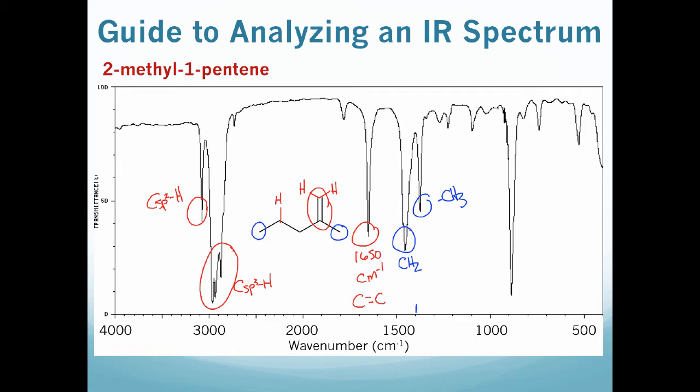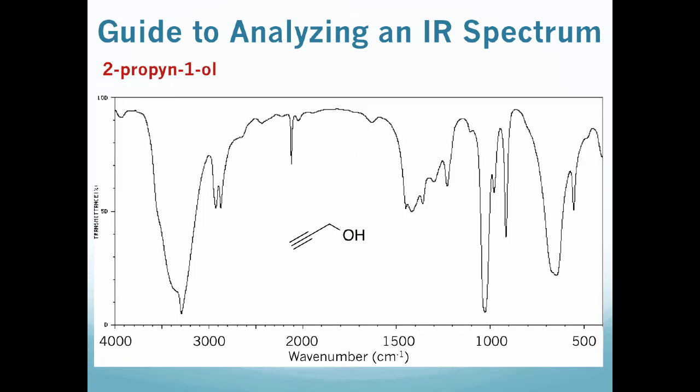Next, we can look at this alcohol that has both an alcohol functional group and an alkyne in it. And we can pull some things out of this spectrum. First, the most distinguishing thing in the spectrum is the OH stretch. And that is sort of this broad peak here.